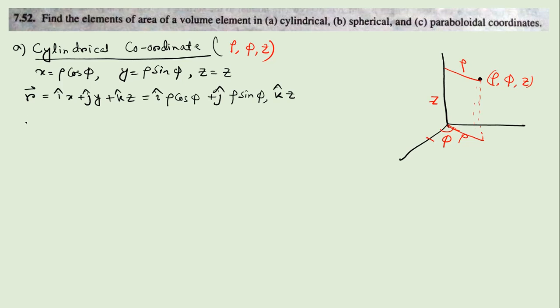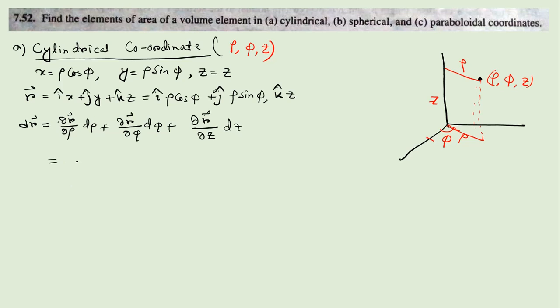So you can write as dr vector. Dr vector is nothing but del r vector by del rho into d rho plus del r vector by del phi into d phi plus del r vector by del z dz, right?